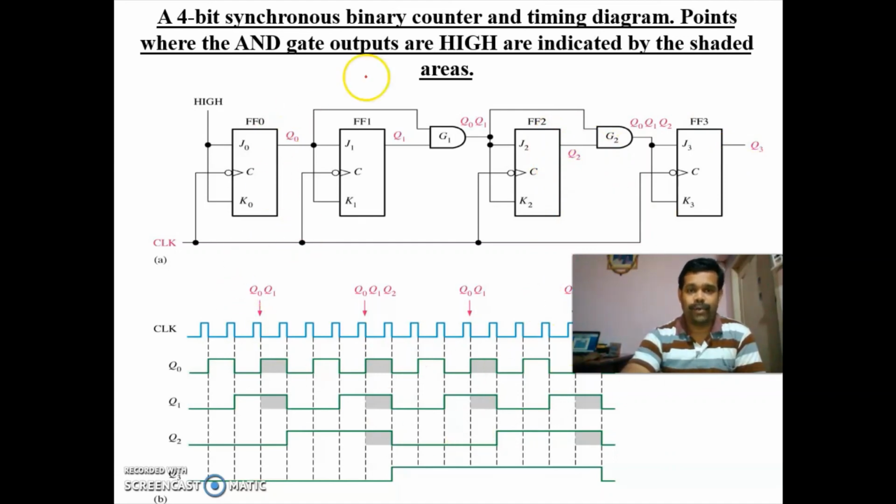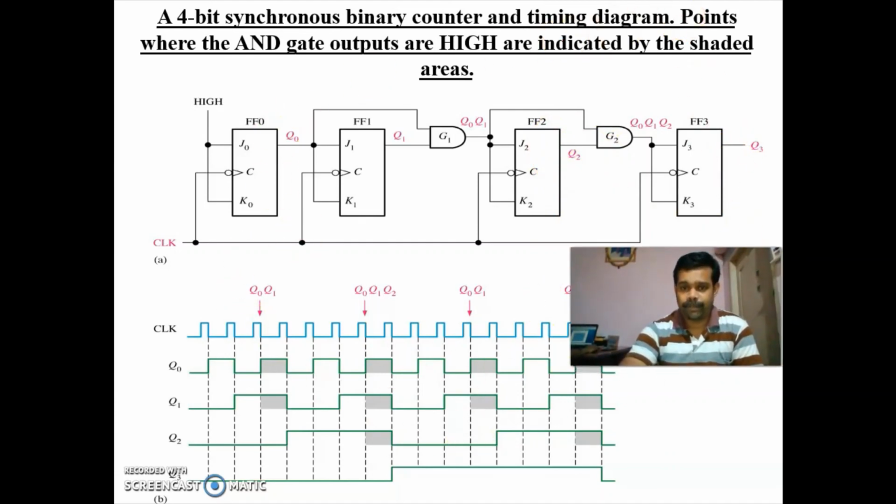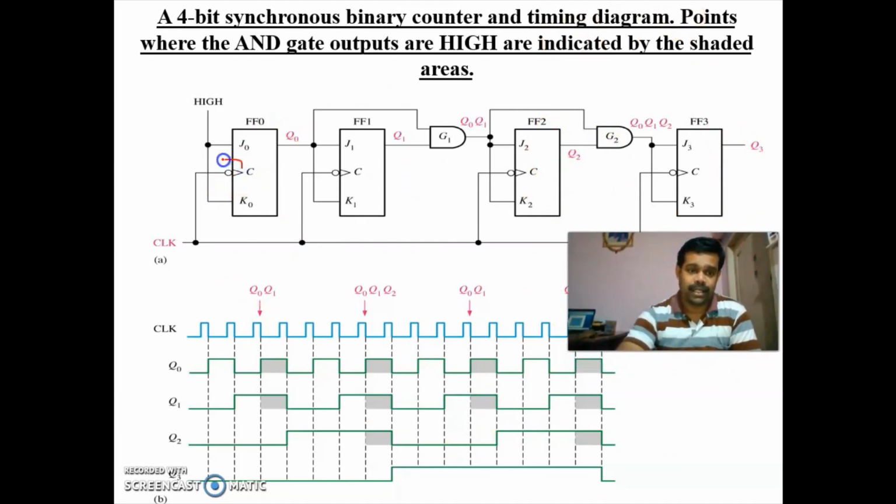So this is the 4-bit binary counter. This counter is negative edge triggered. The one seen previously is positive edge triggered. This is negative edge triggered, so it is changing the state during the negative edge. Okay, this is the 4-bit synchronous binary counter.